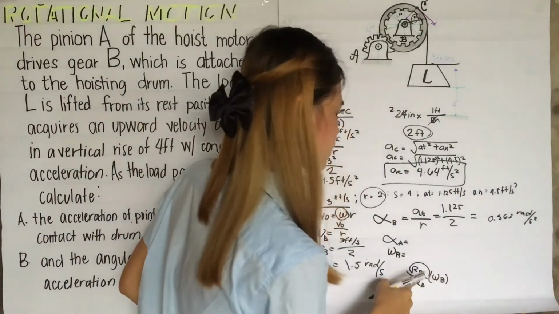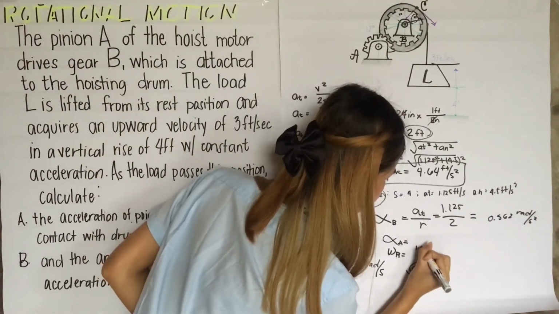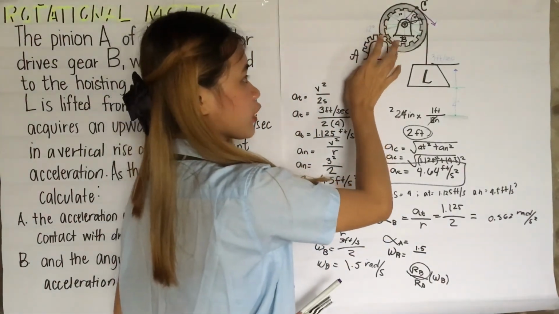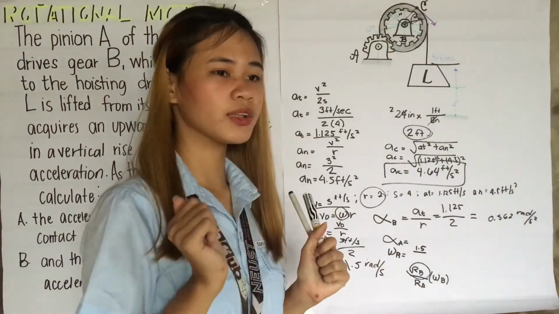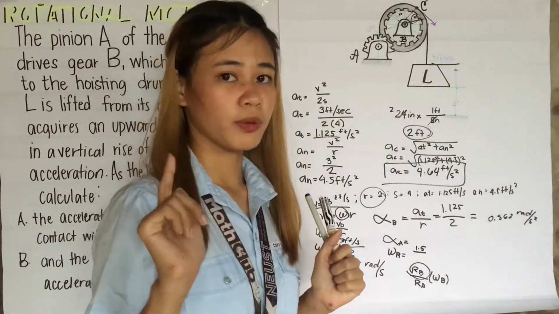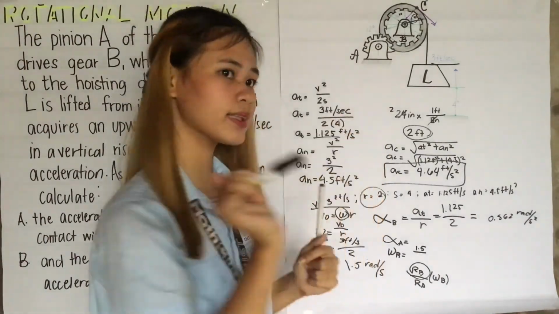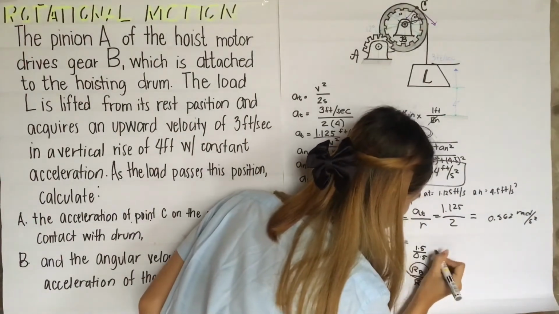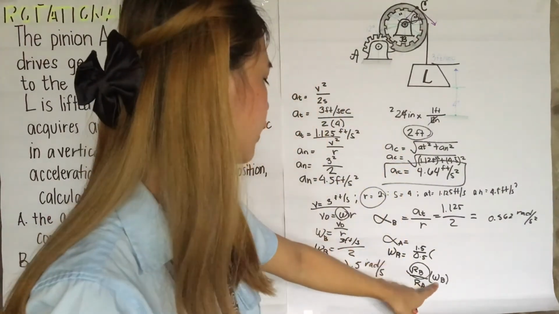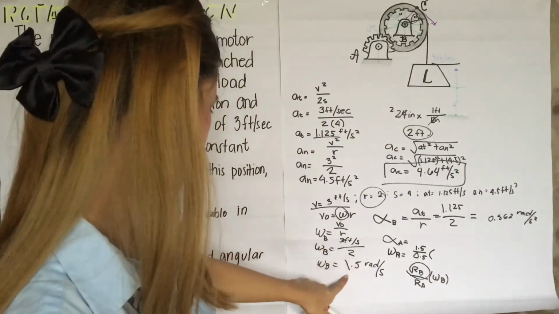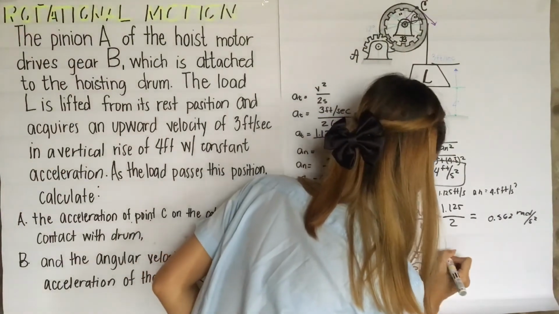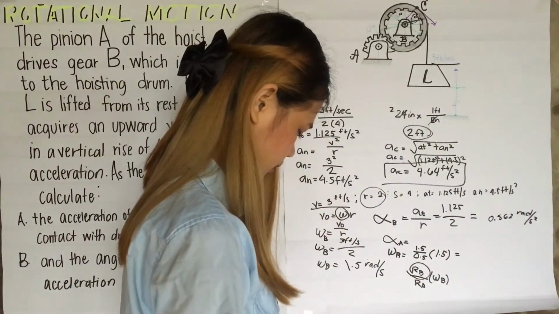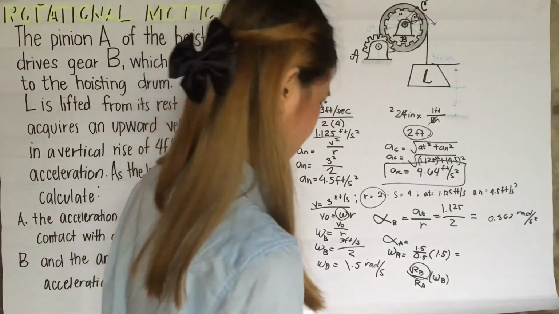So, the radius at B is 1.5 over the radius of A, which has a diameter of 12 inches. The radius is D over 2, so 6 inches into feet equals 0.5, multiplied by the angular velocity of 1.5. So, the angular velocity at point A is 4.5 rad per second.